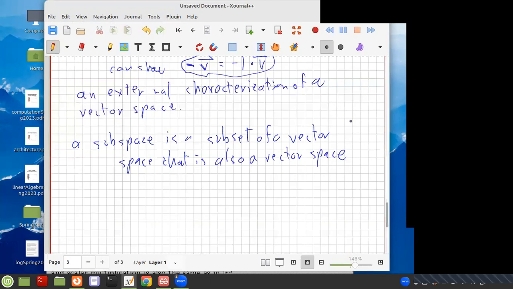And so the idea is that we saw we could take a subspace and verify that it had all the properties of a vector space.